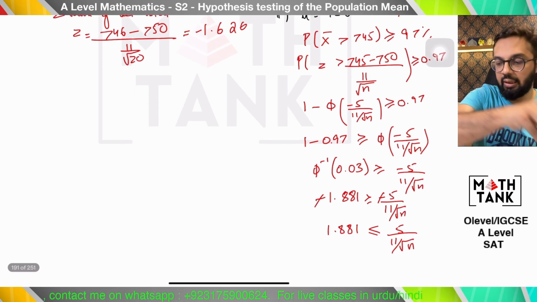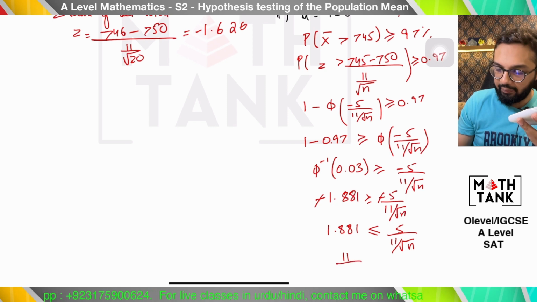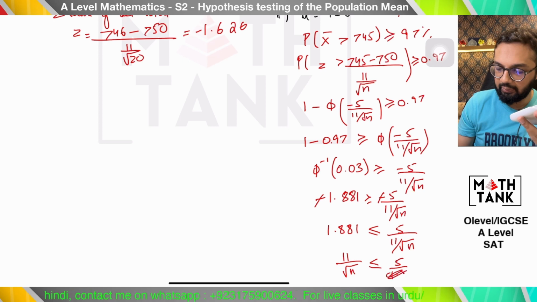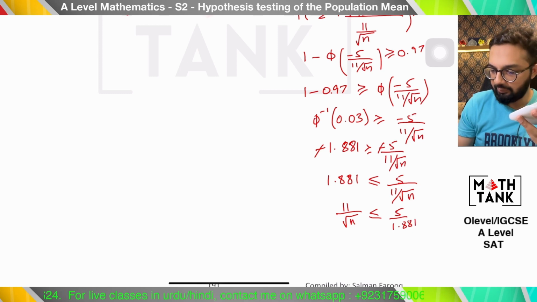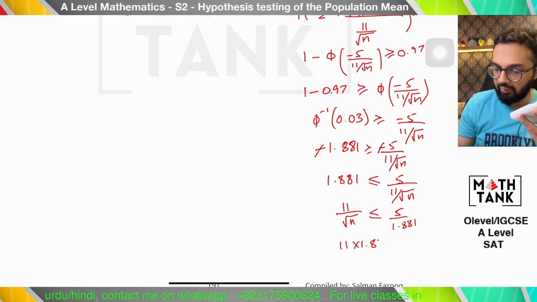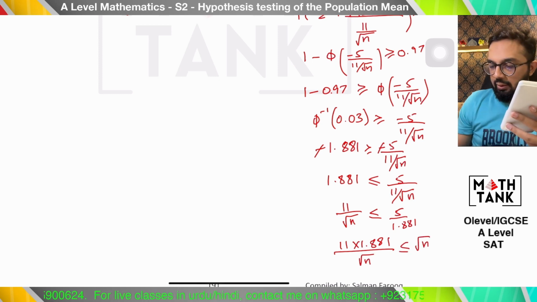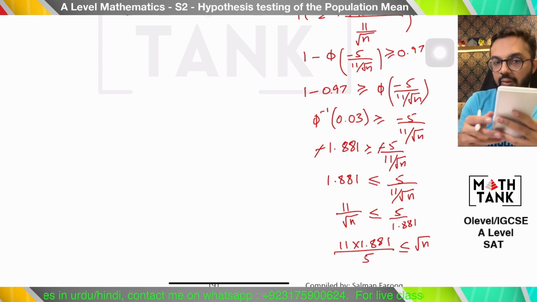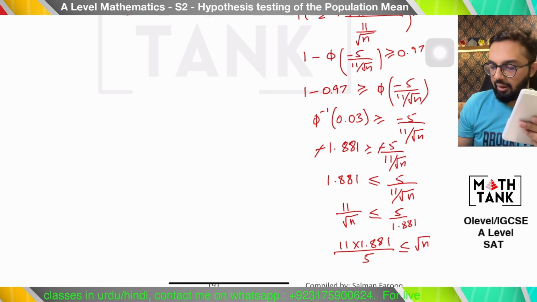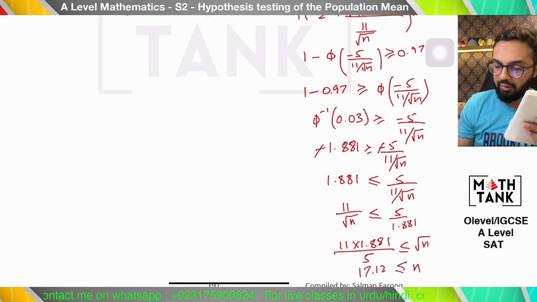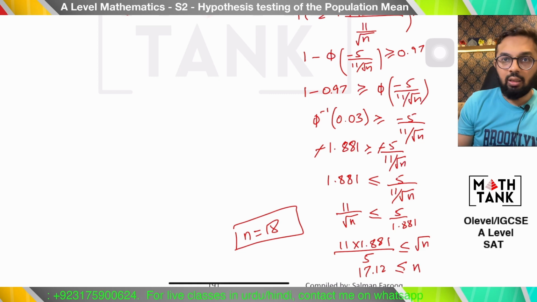Okay, and then I can solve. So I'm getting n is greater than or equal to 17.12, therefore n is 18.